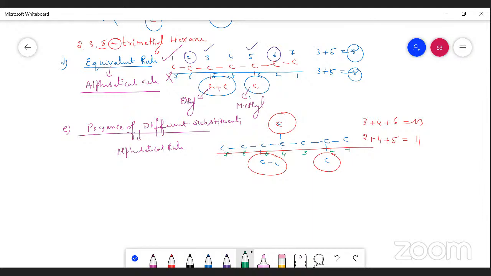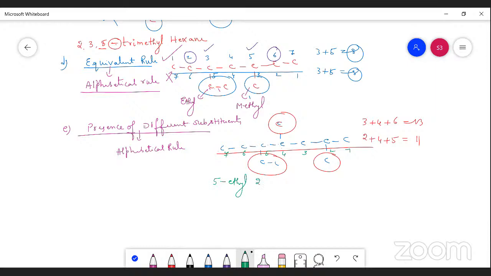Now, after you do the numbering, you start giving the name. Three substituents are there, but two different types are present: methyl and ethyl. In that, ethyl will come first as per alphabetical order, and that ethyl group is at the fifth position. So the name is 5-ethyl, and the remaining two substituents are the same.